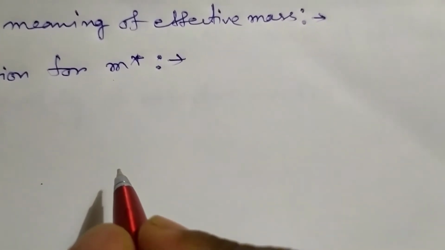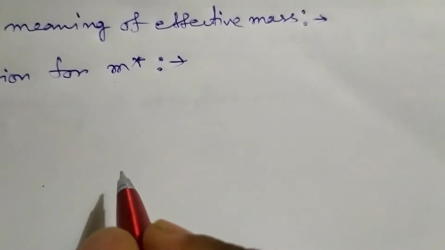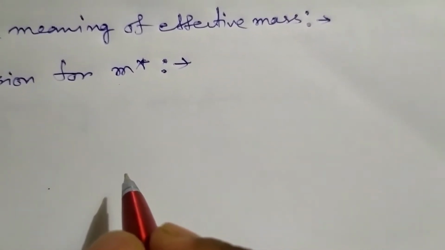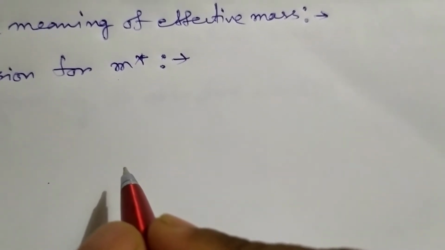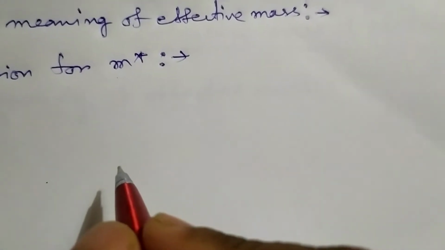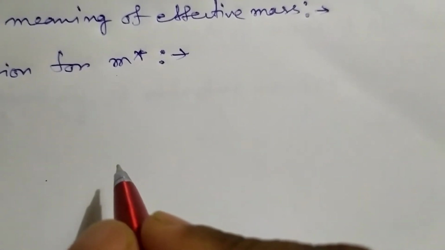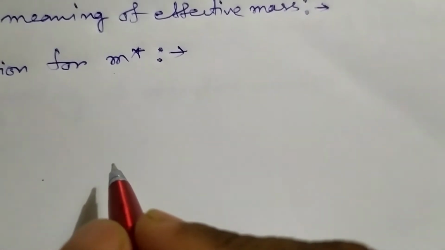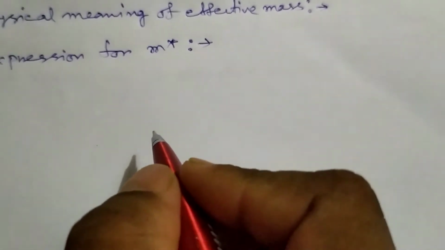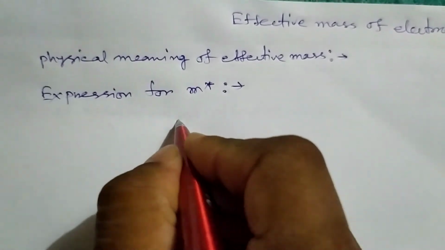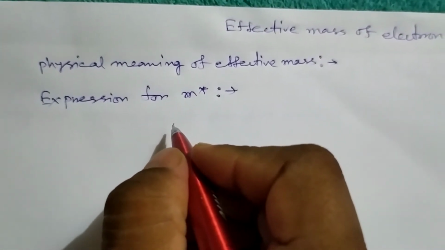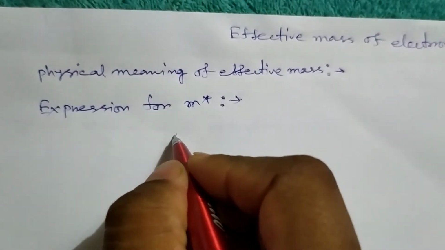According to de Broglie, an electron moving in a crystal may be considered as a wave packet. The group velocity associated with that wave packet is represented by Vg, and it can be shown that this group velocity is equal to the particle velocity.